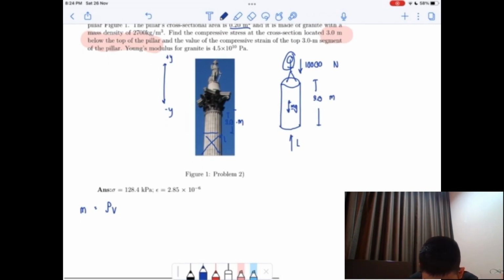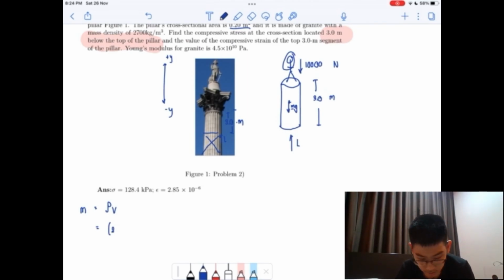The problem gives density as 2,700 kilograms per cubic meter, and V can be found from surface area multiplied by height.